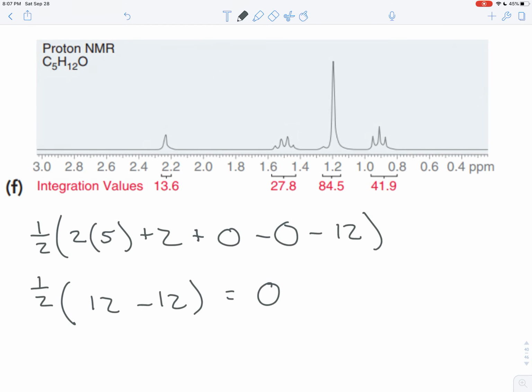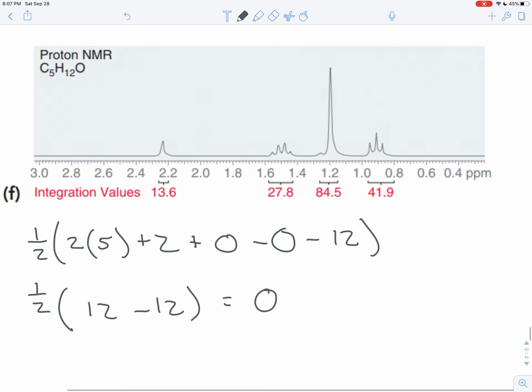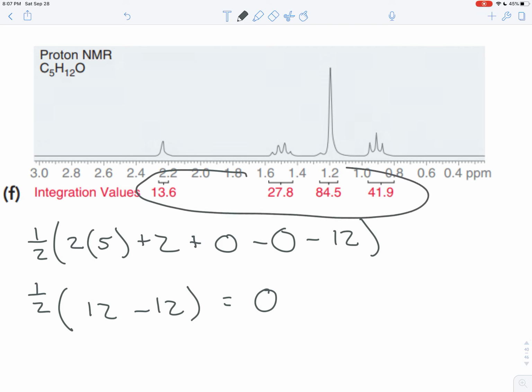Okay, well, let's see. One thing that might help is just to get the absolute number of hydrogens for each of those electronic environments. So the smallest integration value I see is 13.6. I'm going to divide each of those numbers by 13.6. This way I can figure out how many hydrogens are in each of these different environments.